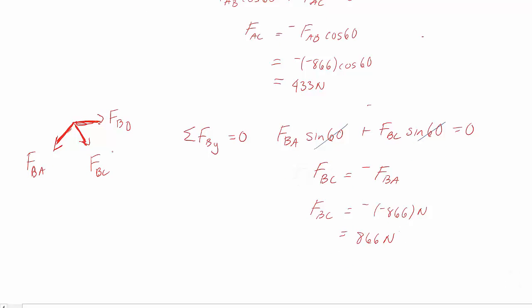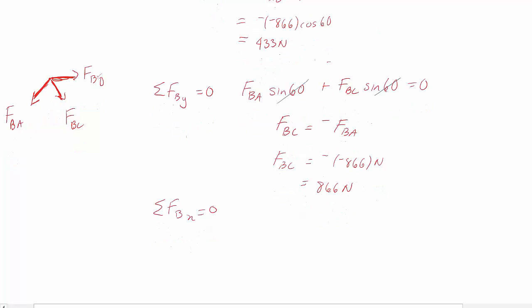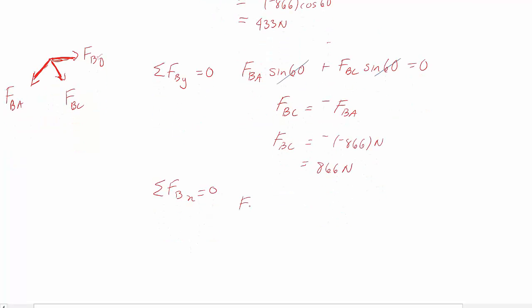So FBC actually is in tension. We know that for sure. Okay, well, let's now find the forces in the horizontal direction. So we have sum of forces at B x equals 0. So FBD plus FBC cos 60, that's equal and opposite to FBA cos 60.